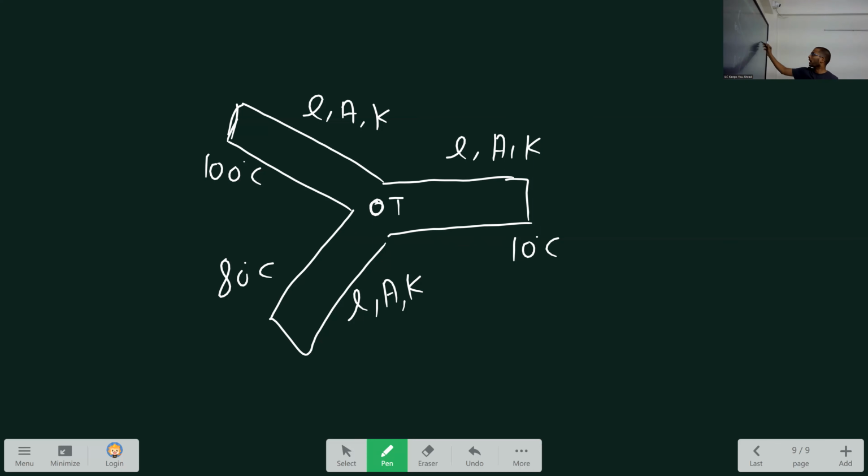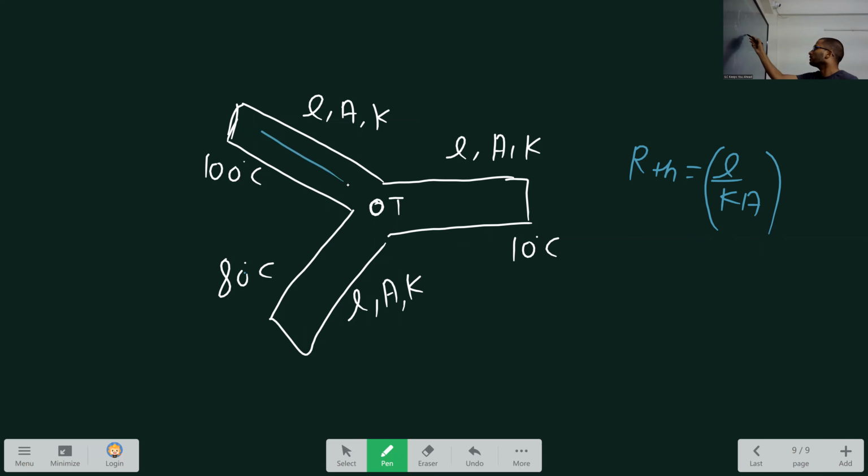So since our thermal resistance was L by K, and since L, K all are the same for the rods, the thermal resistance must be the same. So notice that heat always flows from high temperature to low temperature. So suppose this is the I1 heat current and this is the I2 heat current. Both are coming to the junction. So incoming heat must be equal to outgoing heat in steady state. Suppose the outgoing heat current is I3.